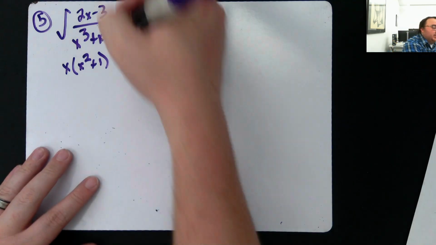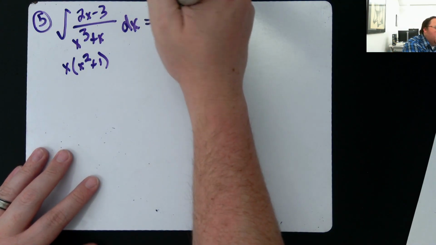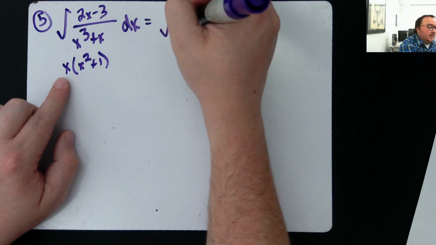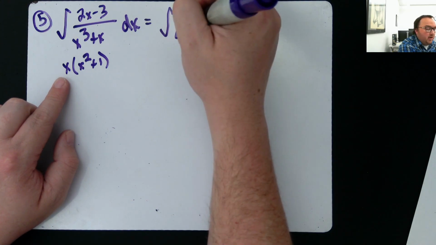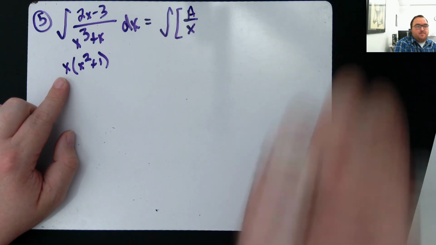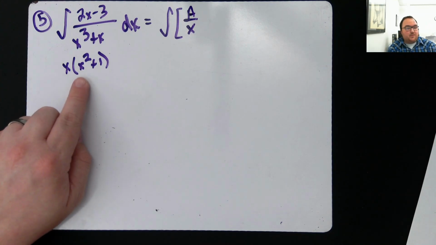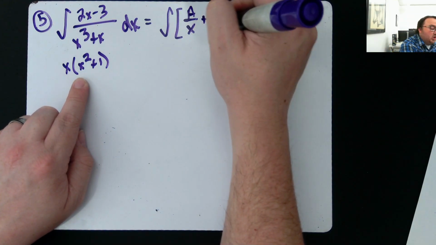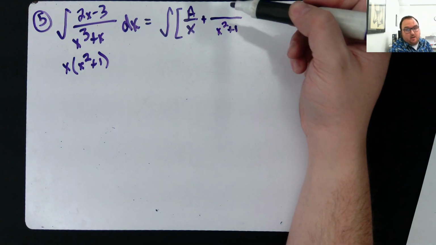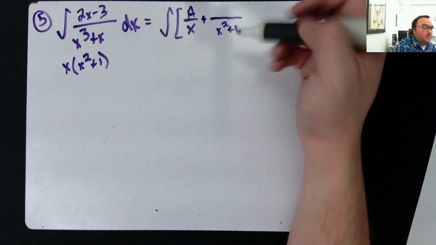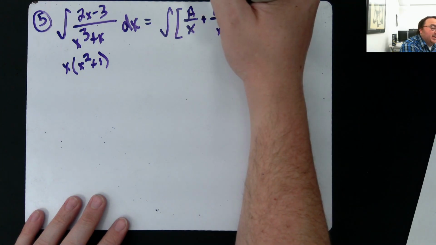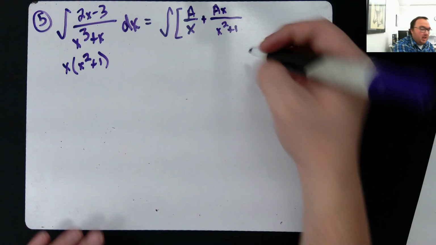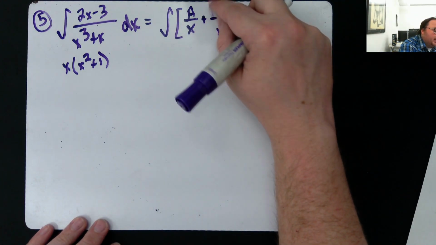So what I end up with is I'm going to have the integral over x. Since this is just x to the 1, I know it's just going to be a constant. However, this factor is no longer just x to the 1. So it's not going to be a constant right here. I could have something times an x plus, I keep doing a twice. This should be b.